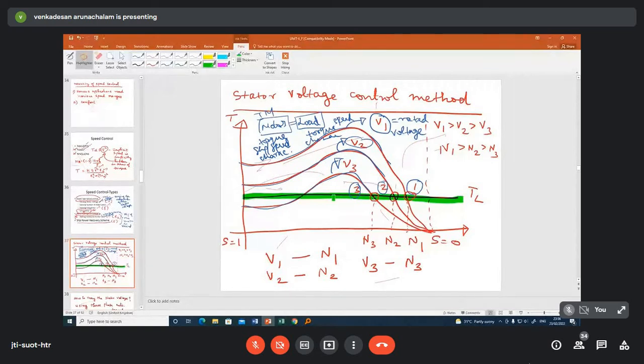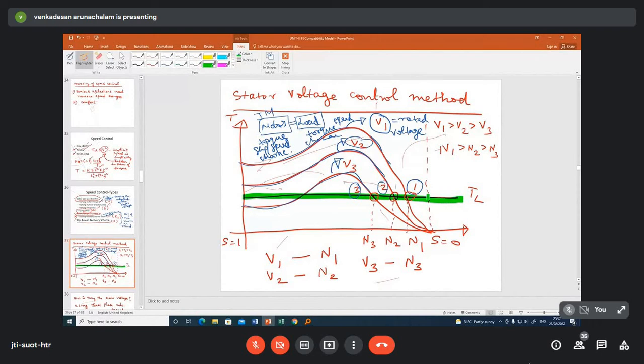Whatever the speed variation is, the torque of the load is constant.